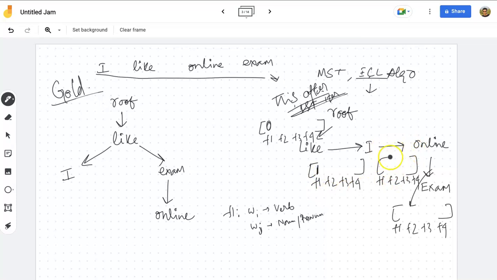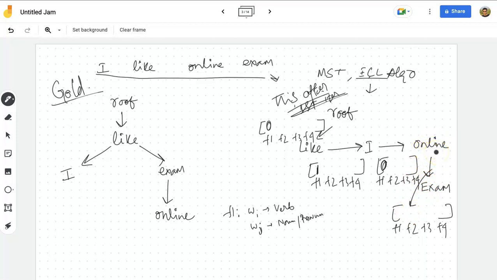Similarly for the second edge, I to online. Is I a verb? No. I is a pronoun, but in our feature wi should be a verb, so it is 0. Now for online to exam, is online a verb?